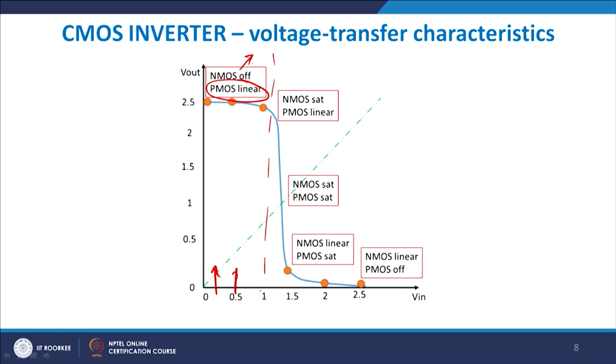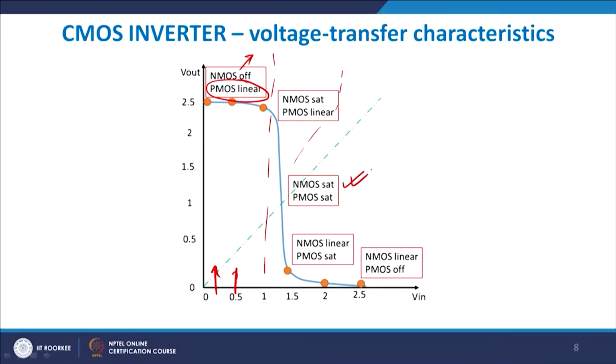If you increase your Vin and reach a region where your input is there but the output is not there yet, then we define NMOS to be saturated and PMOS to be in the linear region. So, the first was NMOS off, the second is NMOS in saturation and PMOS in the linear region, and in the third one both NMOS and PMOS are in saturation.